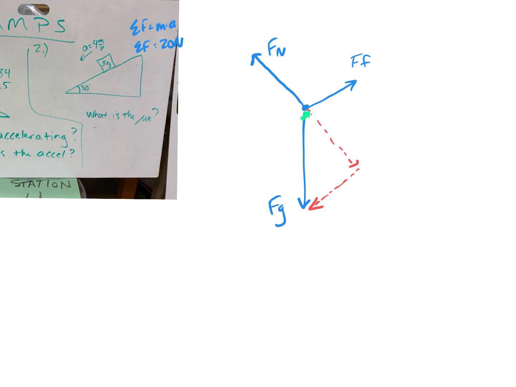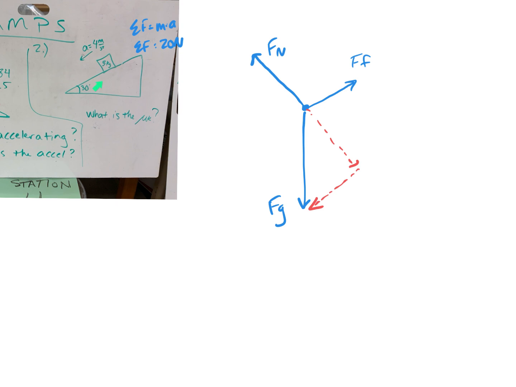So I just broke that gravity up. Notice I didn't break it over and down like I did on the last one. I'm not always picking the same side to break it. I'm always picking the same order to break it. So it's always perpendicular first and then parallel.